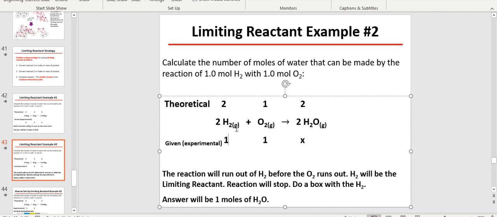Well, this one here, easy enough, you might be able to see that I have to have 2 moles of this to react with only 1 mole of this. 2 moles reacts with 1 mole, makes 2 moles. Well, what if I only have 1 mole of this and I still have 1? This one here, I need 2 in order for this one to go to 0.